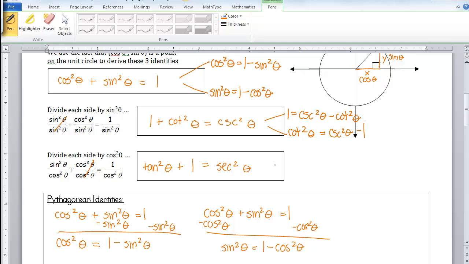On our third identity, if we again first subtract the tangent squared to the other side, I will have 1 equals secant squared minus tangent squared. And if I subtract 1 to the other side, I am left with tangent squared equals secant squared minus 1.